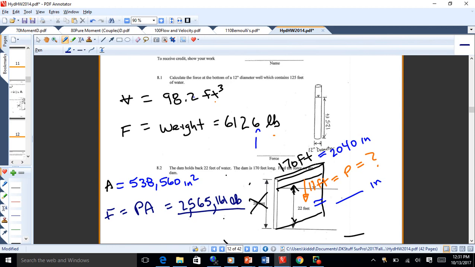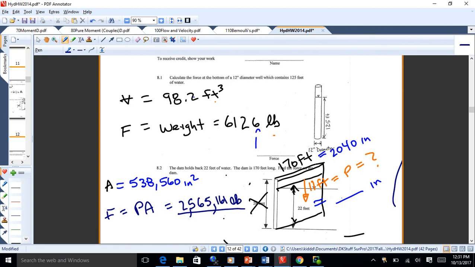So any questions on that? Yeah. If it's 22 feet high, why don't you subtract that from 28? So what I'm doing, I'm taking half of the 22 to get 11.